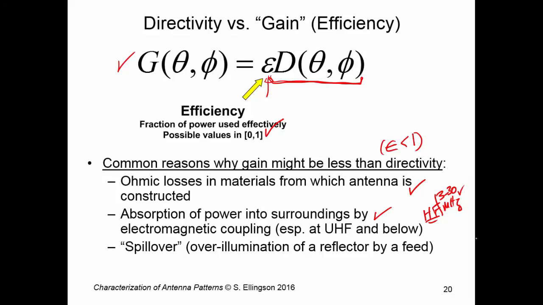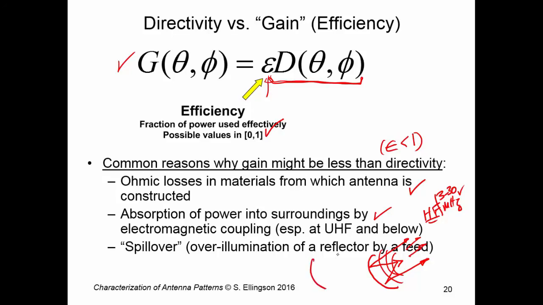Another efficiency loss mechanism applies to reflector antennas. So think about a reflector antenna here. That's a parabolic dish. There's a horn. That horn radiates and illuminates the reflector. And nominally, that reflector collimates the radiation from the feed so that all the power ends up going in the same direction. That's the way reflectors are supposed to work.